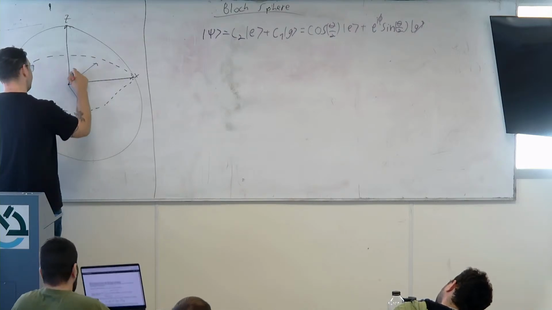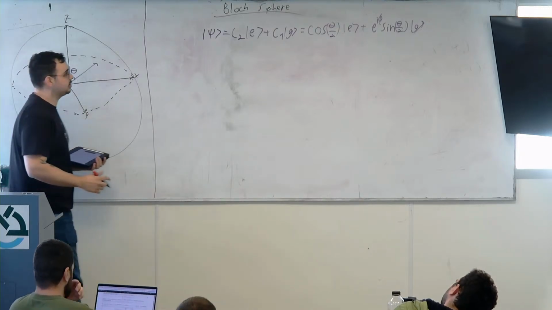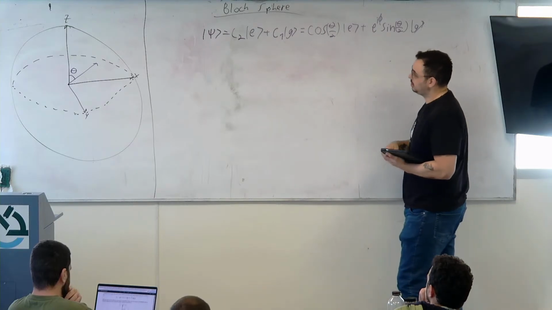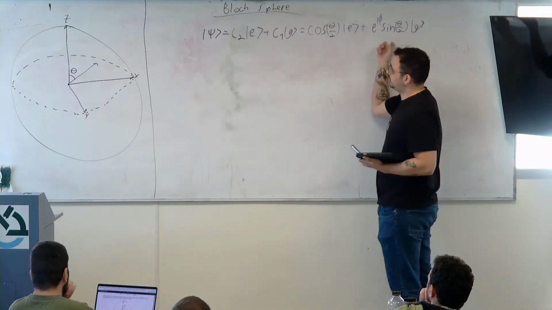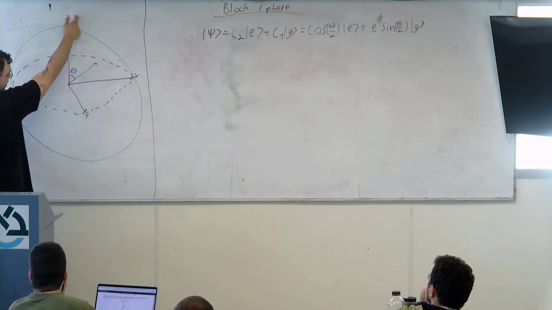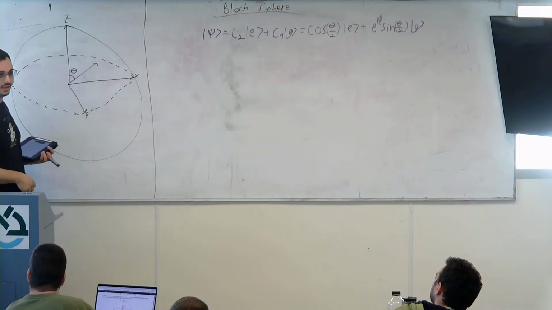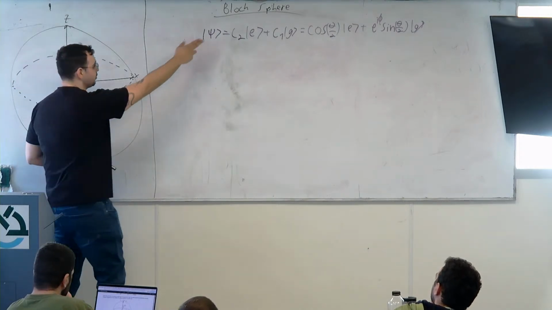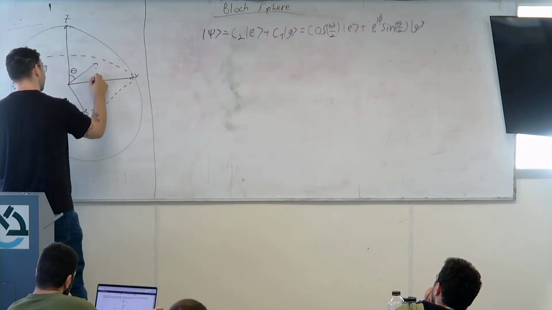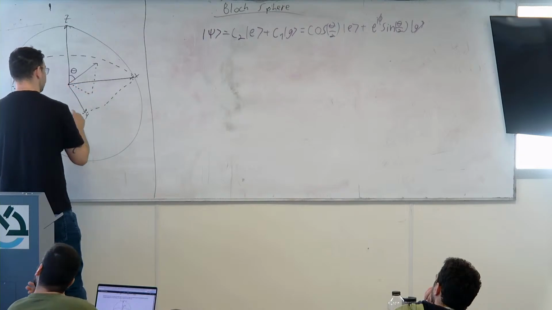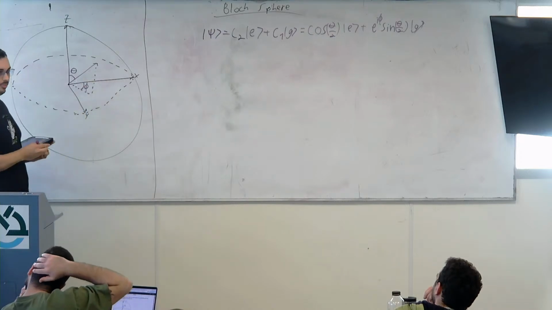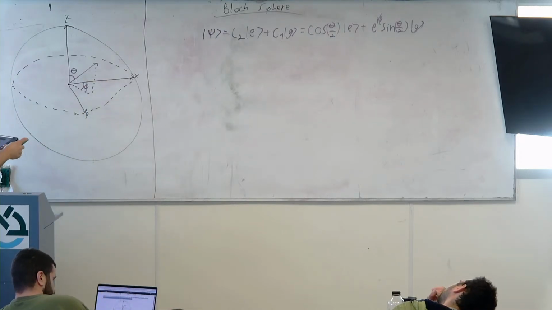This would be theta, which makes sense when we look at the vector representation, since theta represents the difference between the plus z and the minus z, which is the excited state or ground state. And phi, if we take the projection of this vector on the xy plane, will be the angle compared to the x direction.